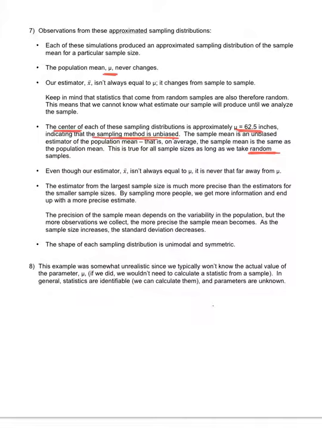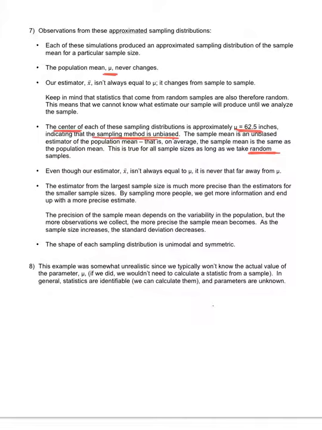Even though our estimator X bar isn't always equal to mu, it's not going to be that far away from mu. And in fact, we're going to be able to predict how far away we can expect it might be. The estimator from the largest sample size is much more precise than the estimators from the smaller sample sizes. So the third simulation is more precise.